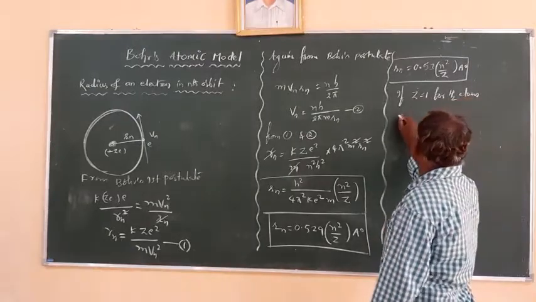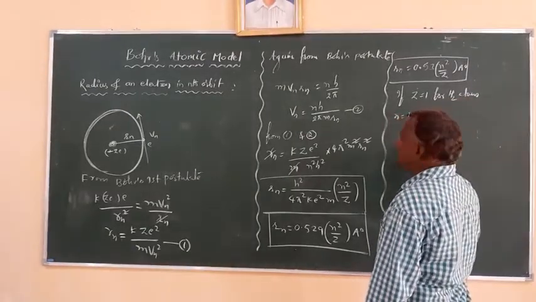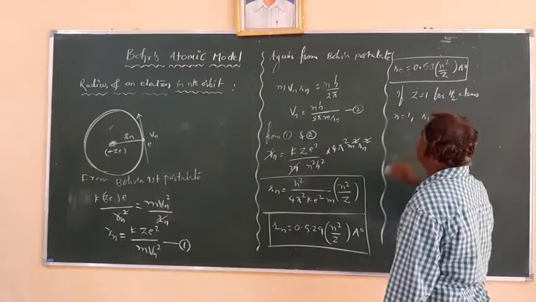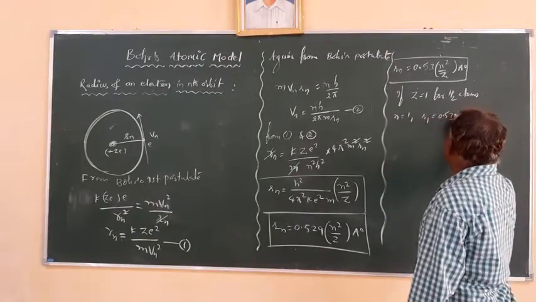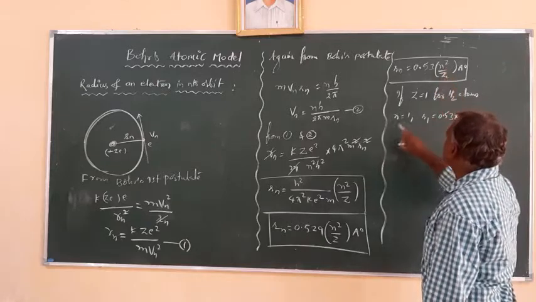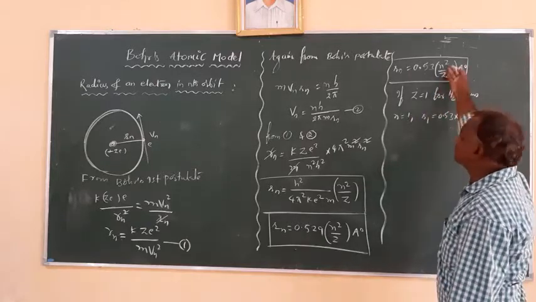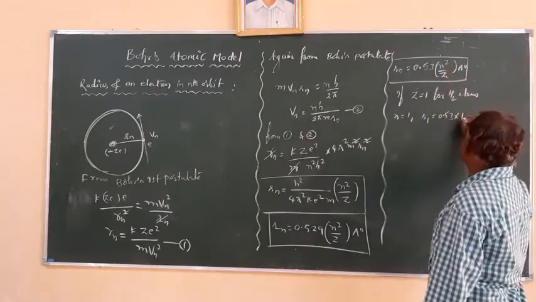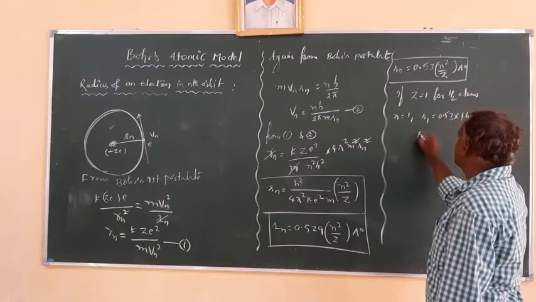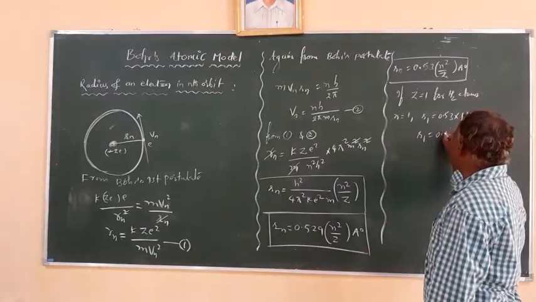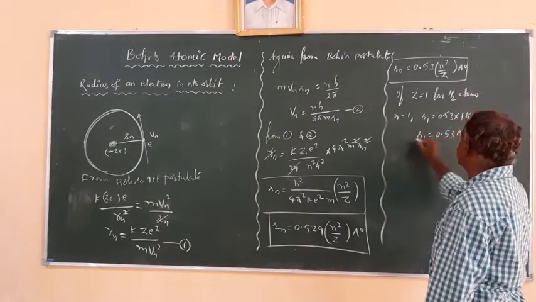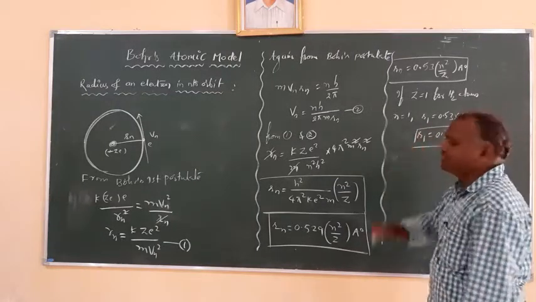There you put n is equal to 1, you get R1 is equal to 0.53 into n square by z. N is 1, z is 1, so 1 square by 1, you get 1 only, in angstrom units. That means the radius of the electron in the first orbit of the hydrogen atom is 0.53 angstrom units. So this is the first value.